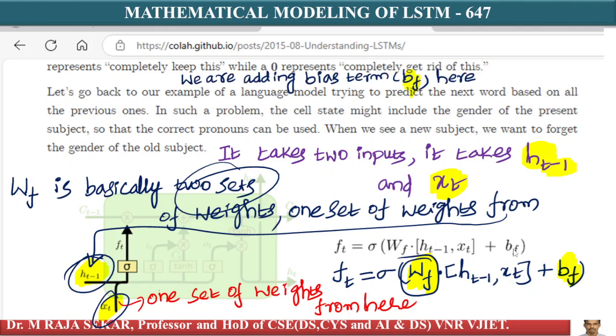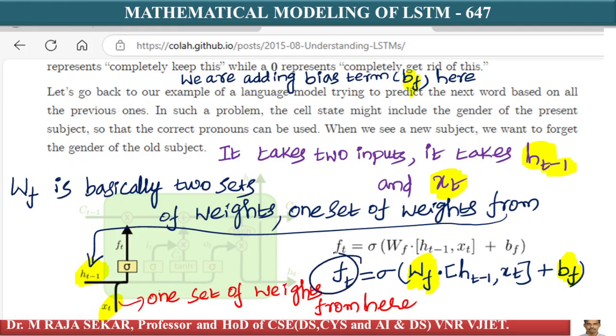What is my bf? We are adding a bias term. My bf is the bias term. Your ft, mathematically speaking, is sigma of Wf.